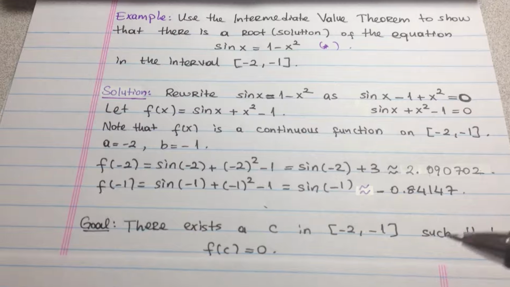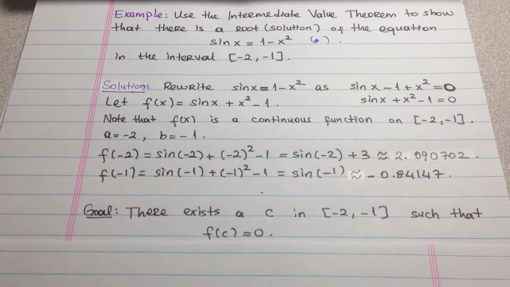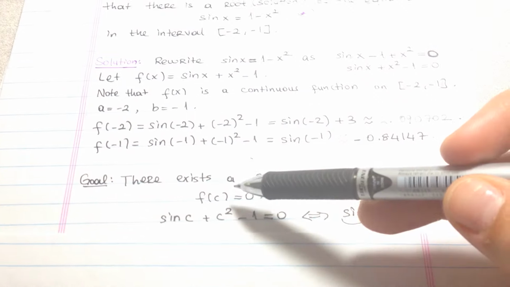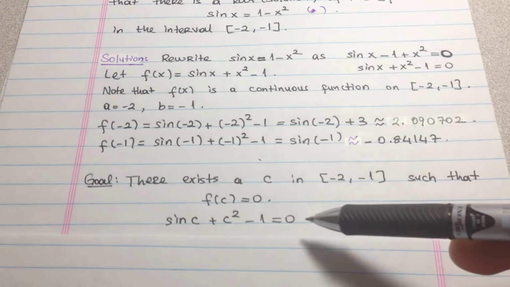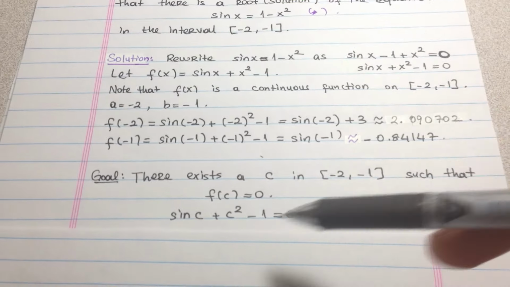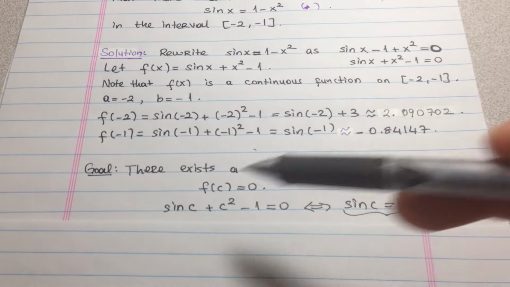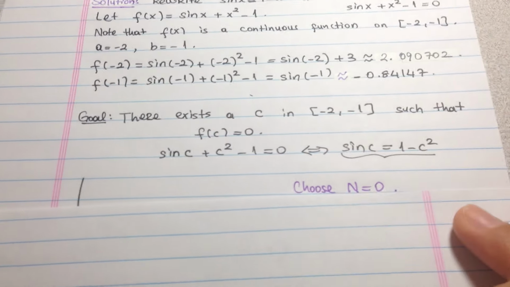And why is that going to help me to figure out the solution of this equation? Because think about it. If you have a solution for f of c equals 0, then sine c plus c squared minus 1 will be 0, right? But then if you rewrite it and get this one back, this is the same as solving this equation, right? So they have the same solution set.